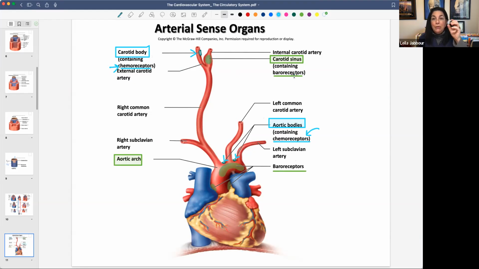Okay, so what are baroreceptors? Baroreceptors sense the change in pressure. This is going to be so important, because look at all of these baroreceptors over here. The pressure right here at the base of the aorta and in the aortic arch is very important.